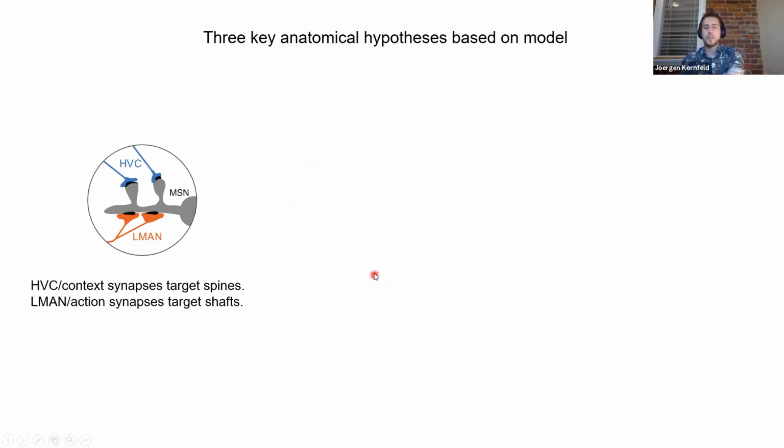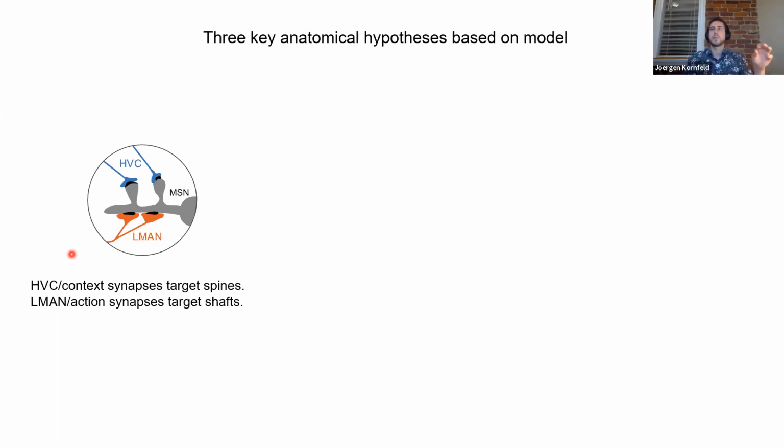The first one states that in this model, it makes a lot of sense that the HPC or context synapses are the synapses that are being modified and identified with this credit assignment mechanism. Why is that? Because they're static relative to the behavior and the activity.